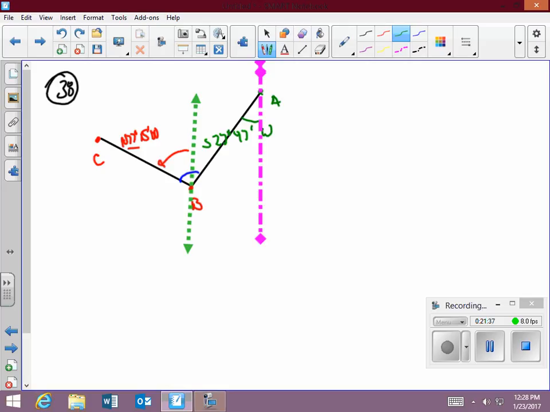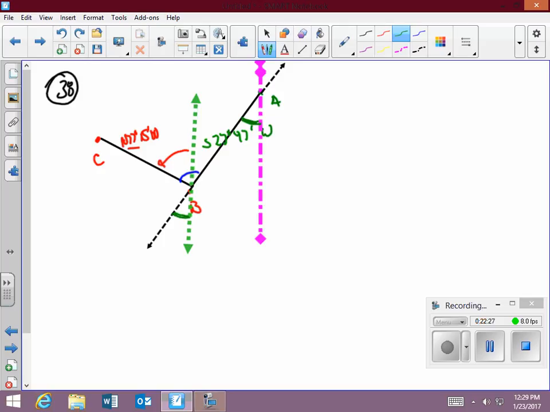Now, if you kind of extend this line out, extend this thing out here, then this angle right here is the same as this angle right here, right?